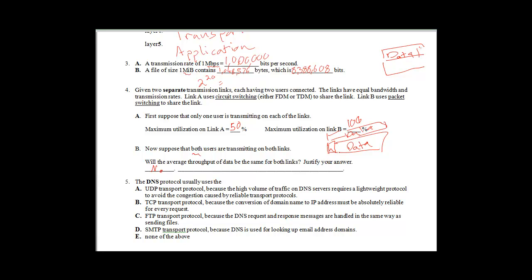For the packet switch network, you have a header and then data. So this part right here we consider overhead. So because of the packet header overhead, the average throughput of data, not header information, but data, will be less for the packet switch network in this case.